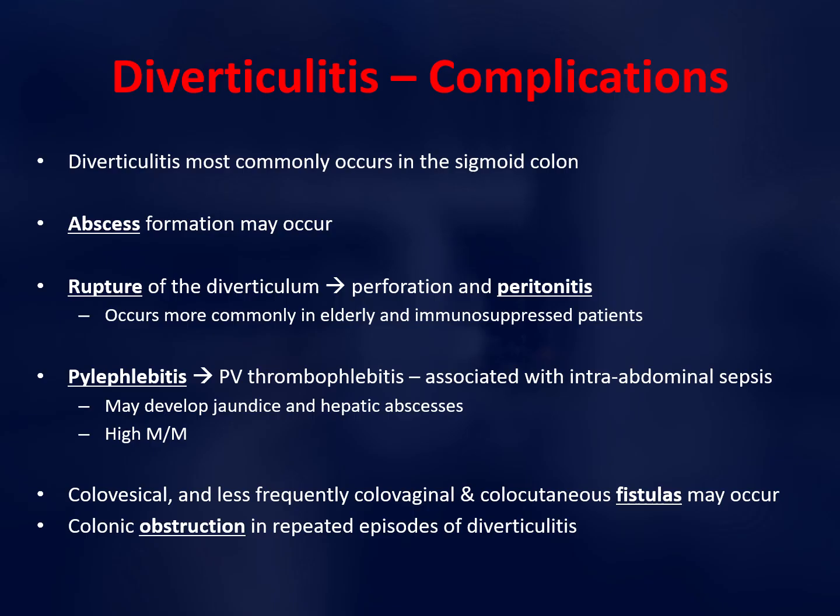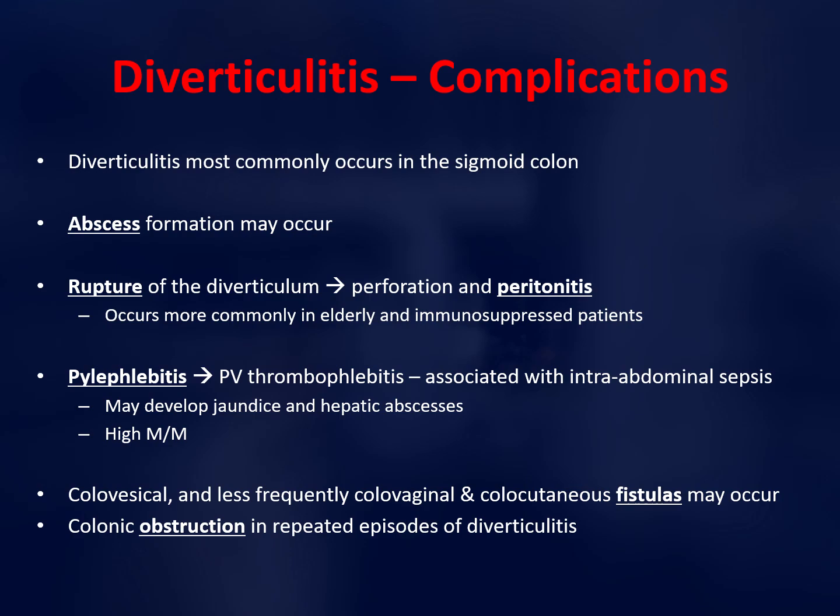So what are possible complications of diverticulitis? As we know, it commonly occurs in the sigmoid colon, and it can rupture and cause a perforation that could be limited to the region around the sigmoid, causing an abscess formation, or if the perforation is not contained, it can cause generalized peritonitis.